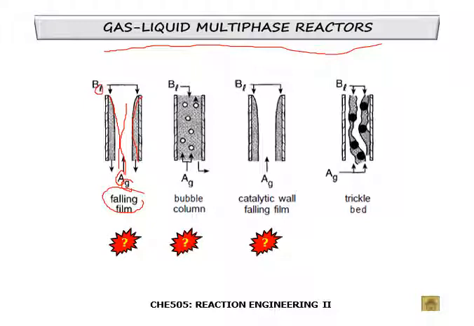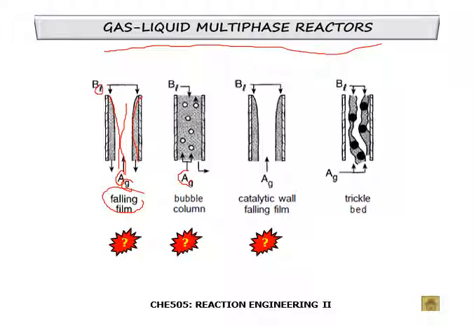Then the bubble column: A is in gas form, bubbling up, and B liquid fills the column of this reactor, for example. Then the catalytic wall film reactor is the same as the falling film, except that the wall acts as the catalyst.